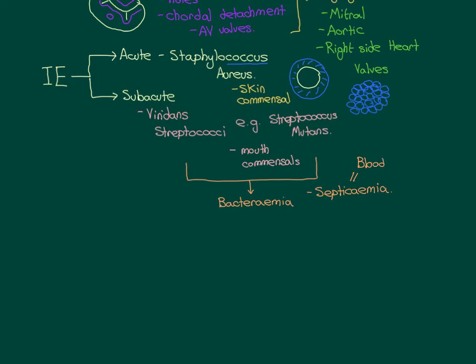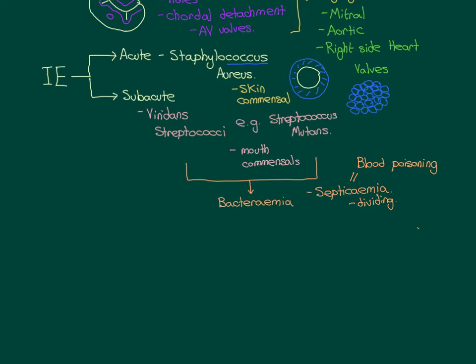With bacteremia, you've got a few bacteria maybe circulating in your bloodstream. With septicemia, you've got loads of bacteria present within your blood, and even worse, those bacteria are actually dividing within your blood. So your blood is poisoned, and septicemia is life-threatening.